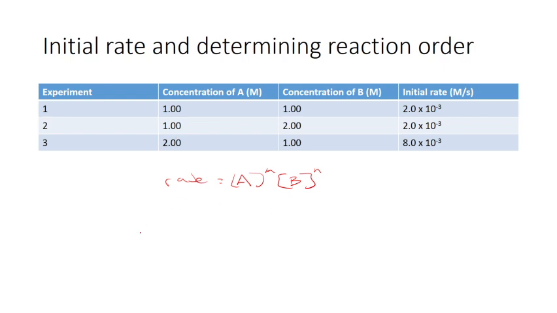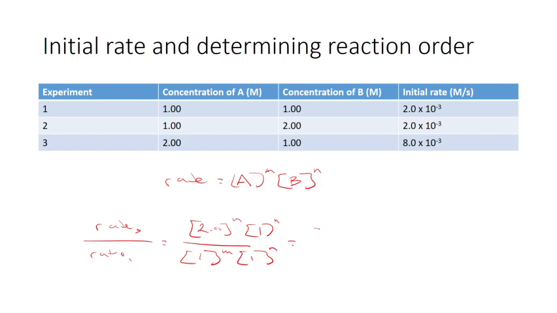And we look at 2 of our rates here, rate 3 and rate 1, being equal to 2 to the M, 1 to the N over 1 to the M, and 1 to the N, and 8 times 10 to the negative third over 2 times 10 to the negative third.